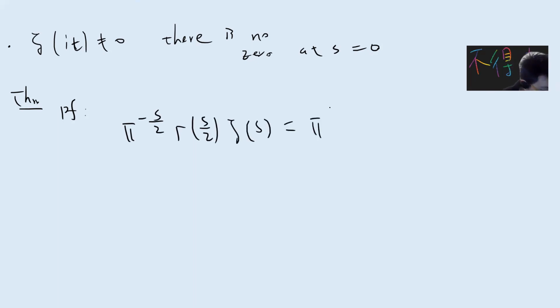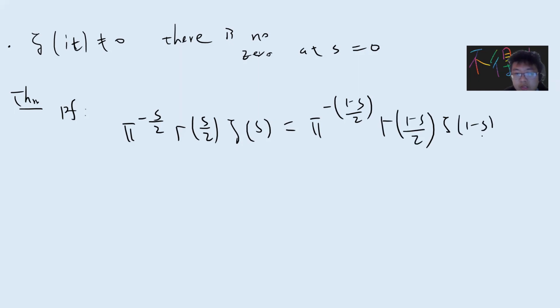Let's plug in s equals 1+it. Okay, so I get something here. Whether this part is non-zero or not, I don't know, but I know this factor is non-zero, and this one is non-zero.